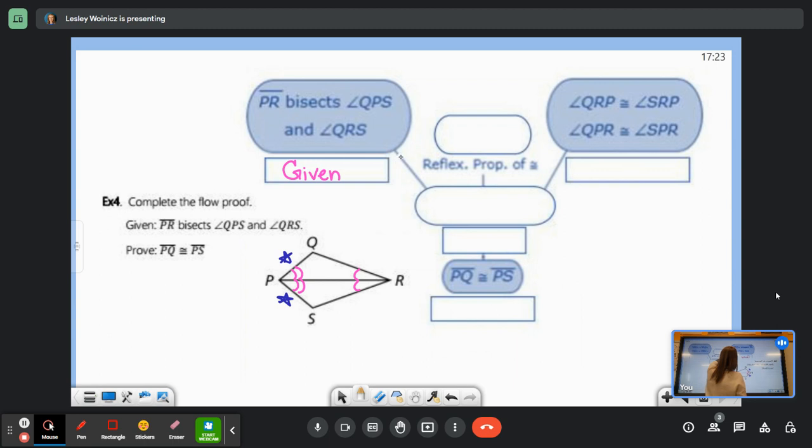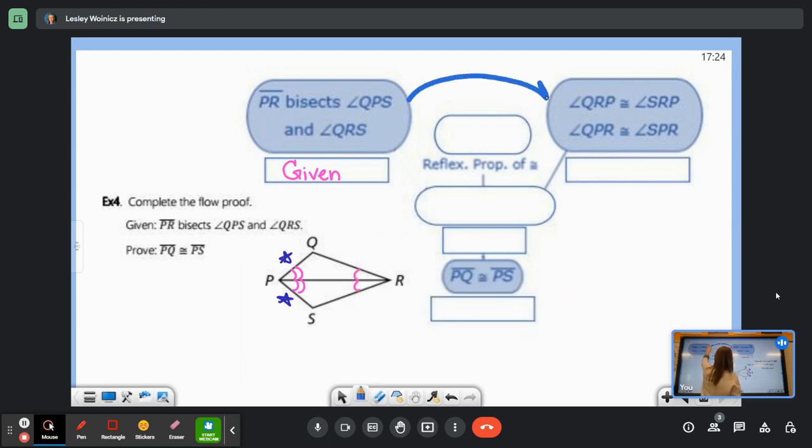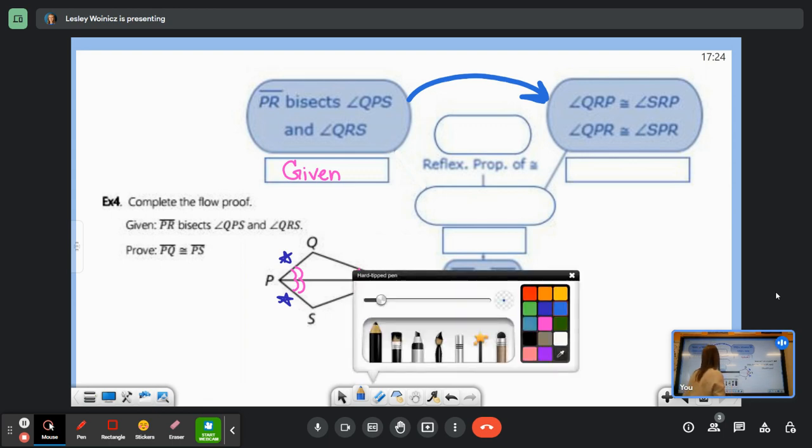We're going to get rid of this line here, and we are going to say that this one goes over here, because the fact that this is a bisector makes these angles congruent to each other. I don't know why those aren't connected in this proof. I feel like that's a mistake. So we're going to fix it, because I'm the one doing the notes.